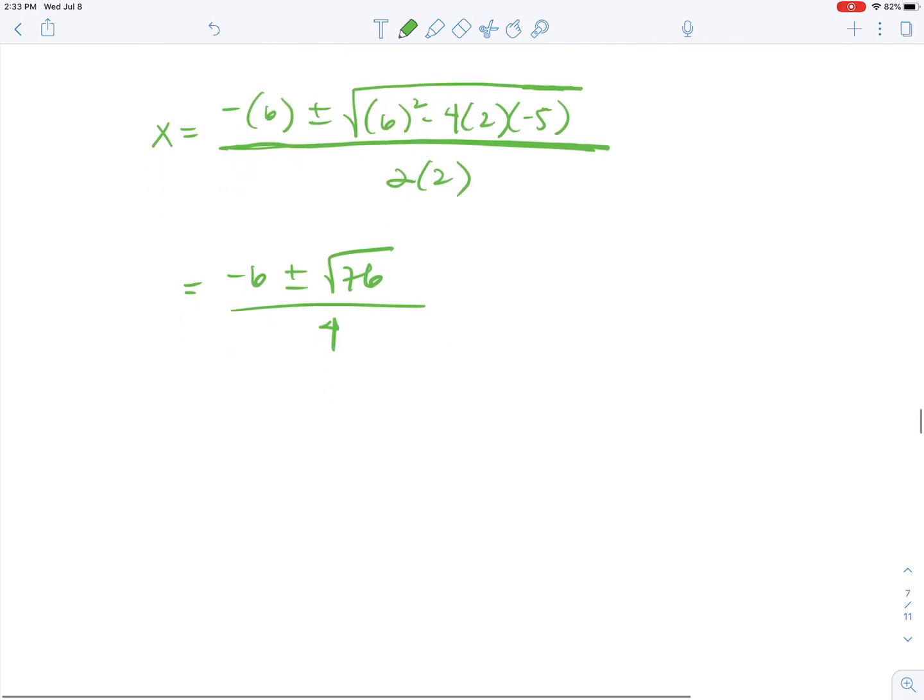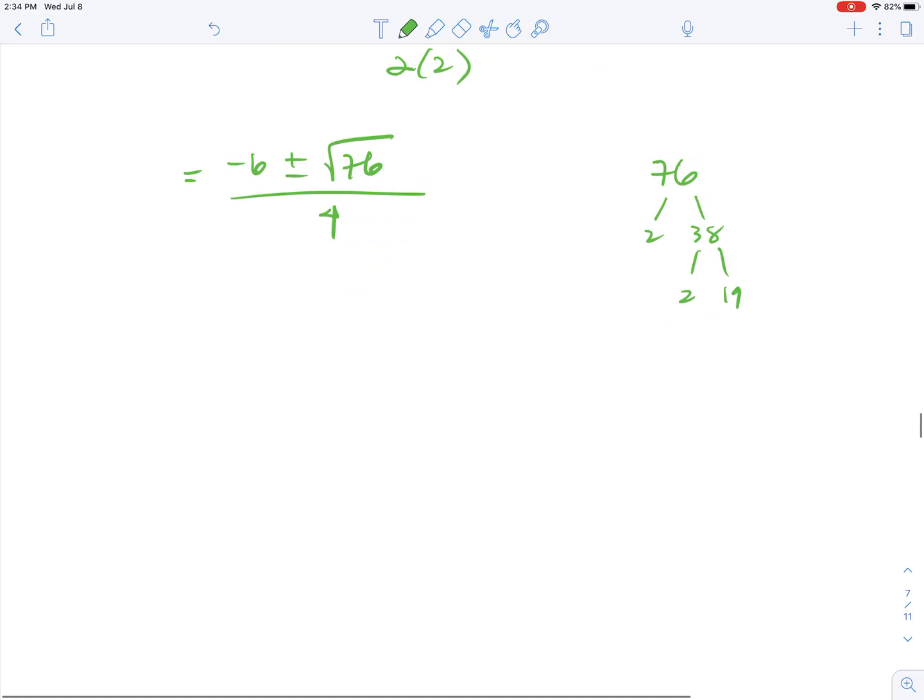Okay, let's simplify this. That's going to be negative 6 plus or minus the square root of 76 over 4. Let's see, does the square root of 76 simplify? If I come up with the prime factorization for 76, 2 times 38, 2 times 19. So this will simplify to be 2 root 19.